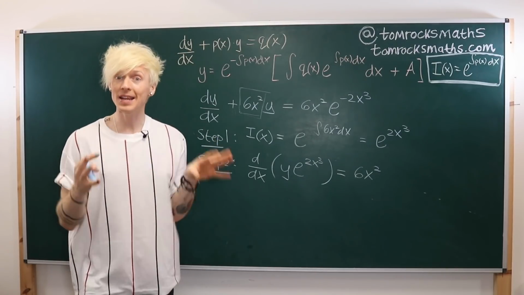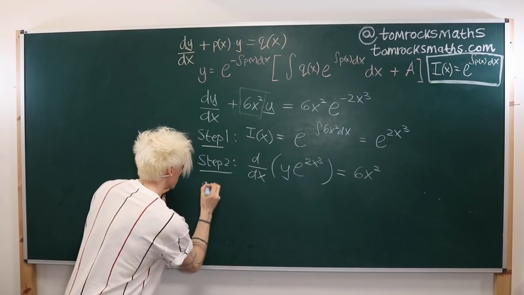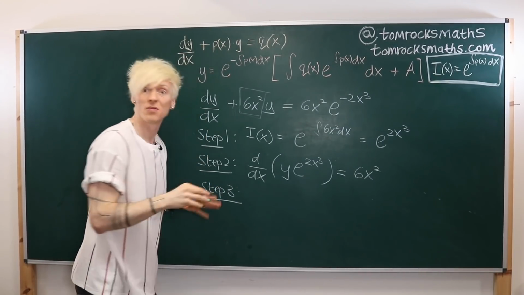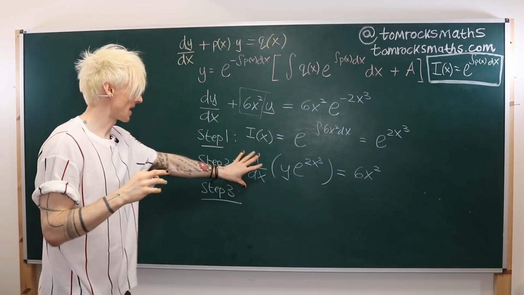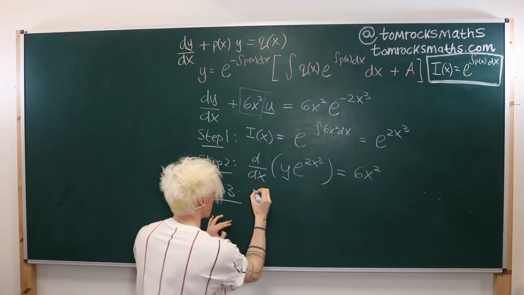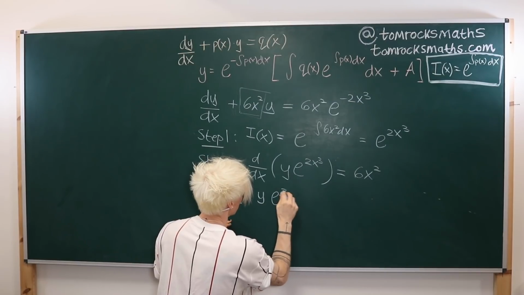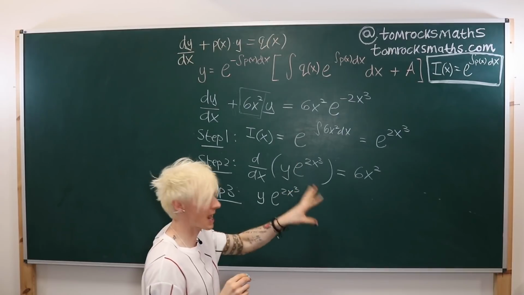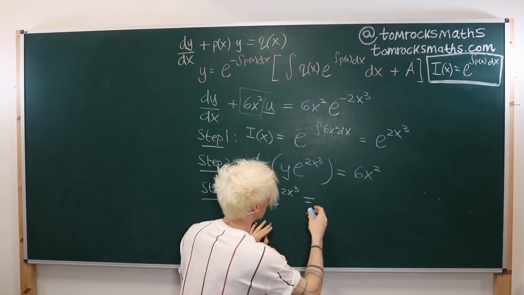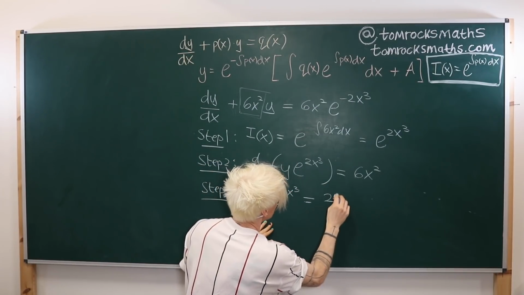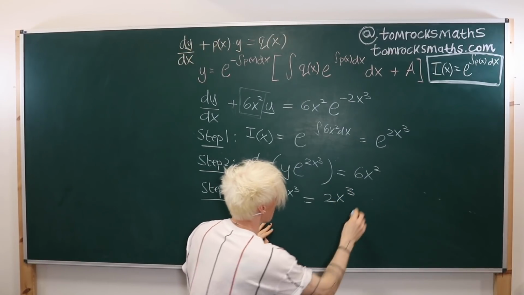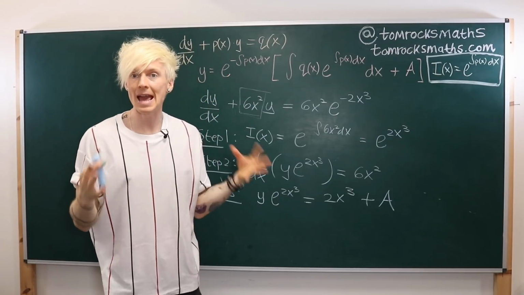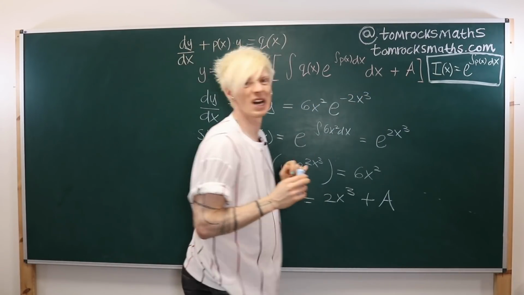Now the third and final step is to actually integrate both sides and get the solution for y. So we integrate the left and we'll just get y e to the 2x cubed, and that's equal to the integral of 6x squared, which we actually did before. So that gives me 2x cubed plus my integration constant, which I'm going to call a, because that's what we called it up here.